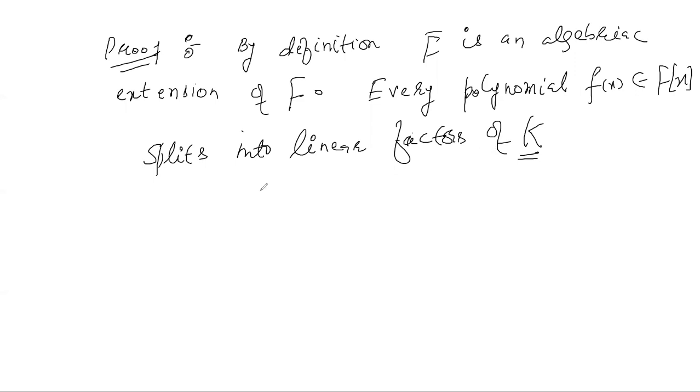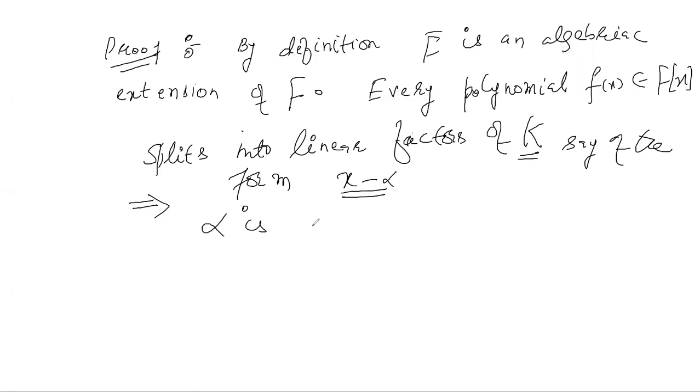Okay, so this means what? Once it splits into linear factors over k, say the factors are of the form x minus alpha. This means alpha is a root of f(x).